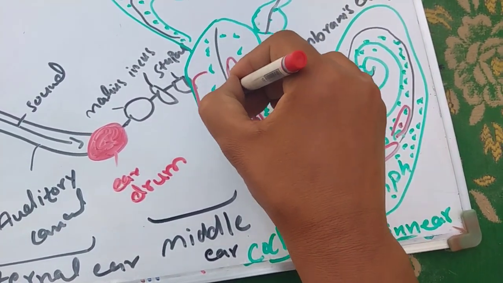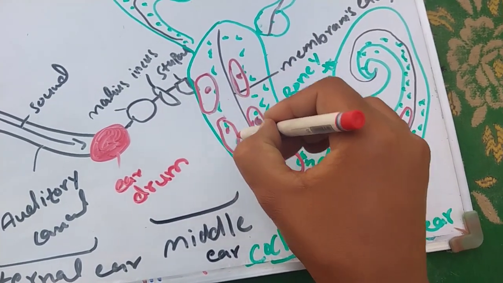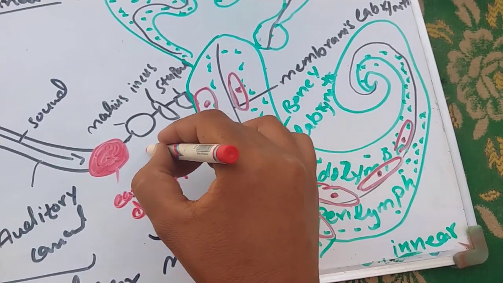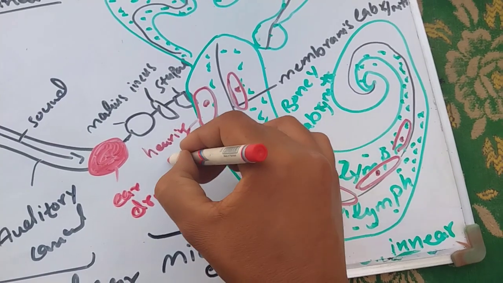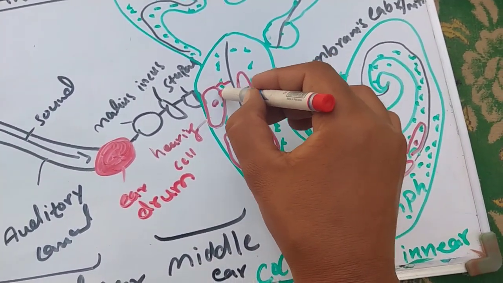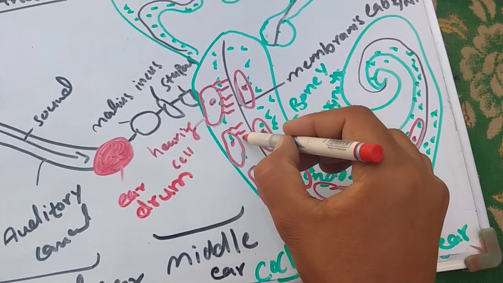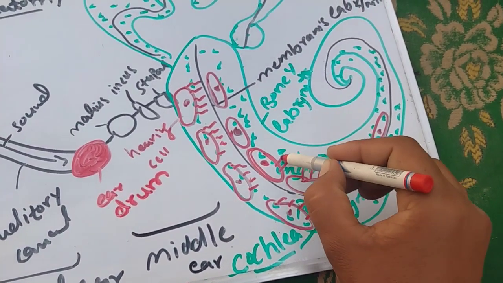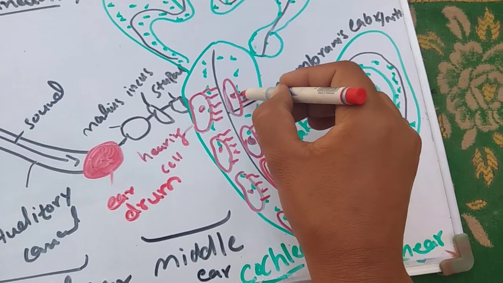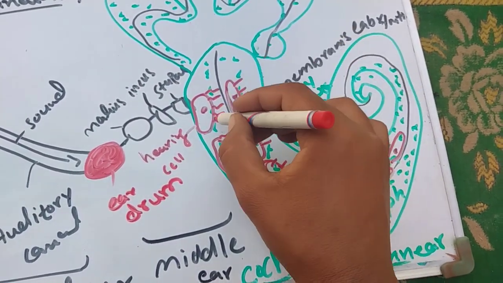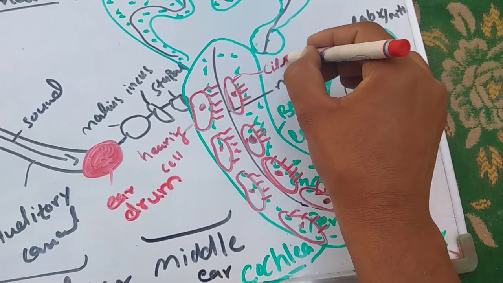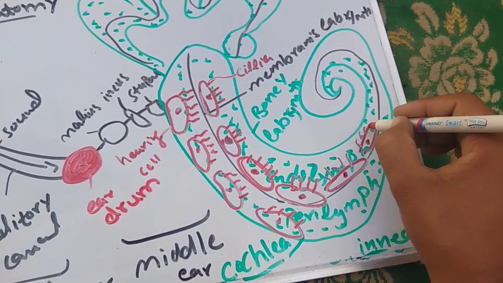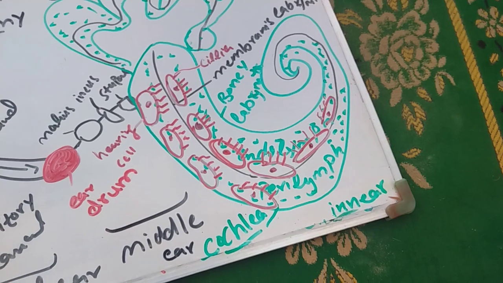The hearing cell consists of cilia, a thread-like structure. The cilia are present on the outer surface of the hearing cell.